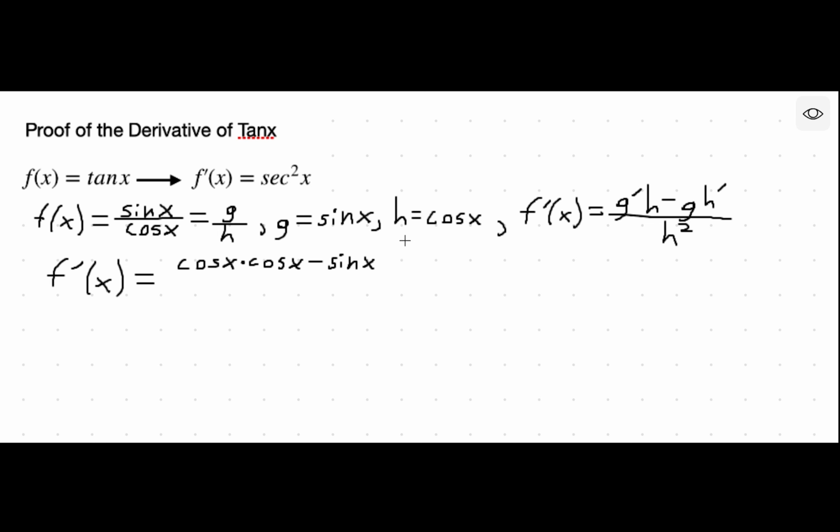So we have negative sine x for h prime. And now we just have to divide by h squared. So h is cosine of x, so we'd have to divide by cosine x squared.